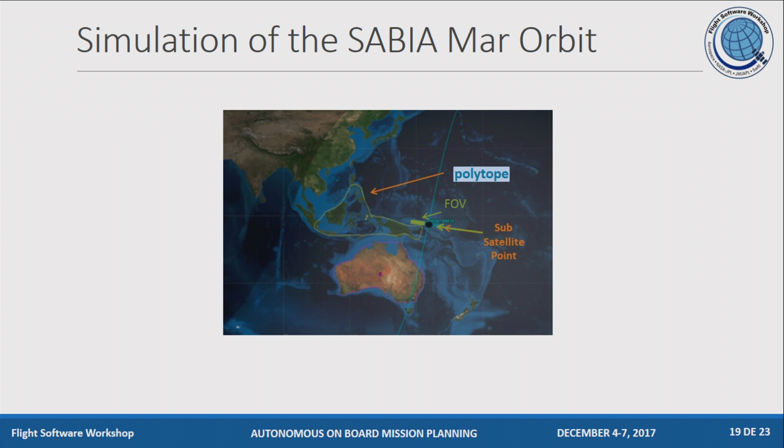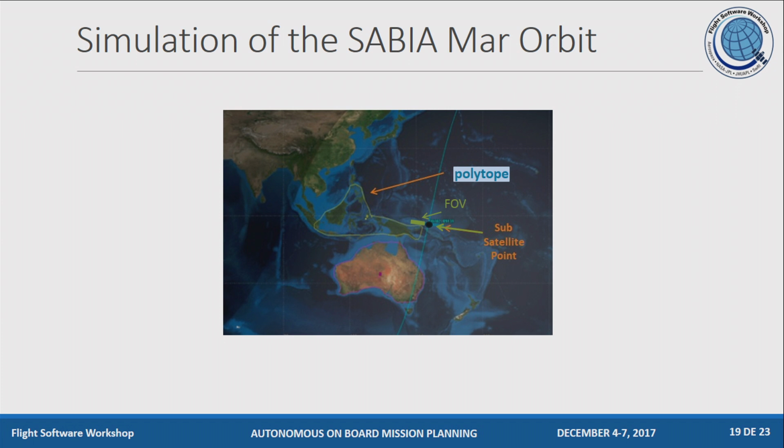This is a simulation of the SABIA Mar orbit, where we have a polytope, the orbit, and the sub-satellite point with the field of view, a large field of view of this satellite. It is to show the position of the sub-satellite point with respect to the polytope.